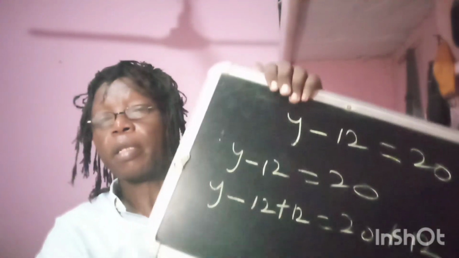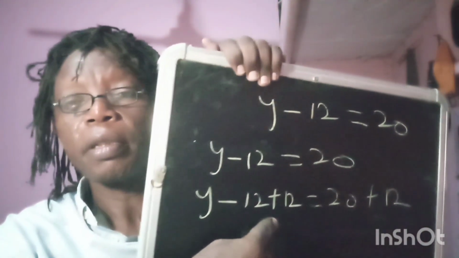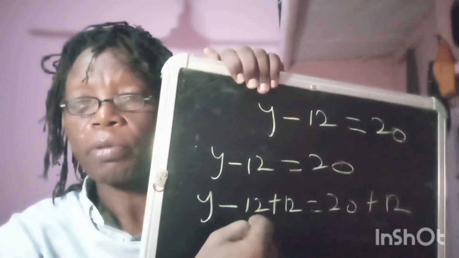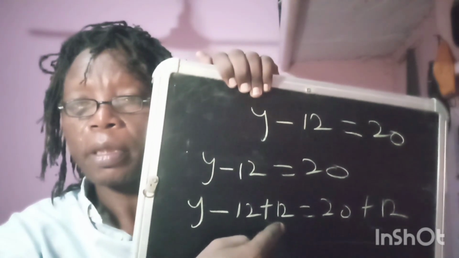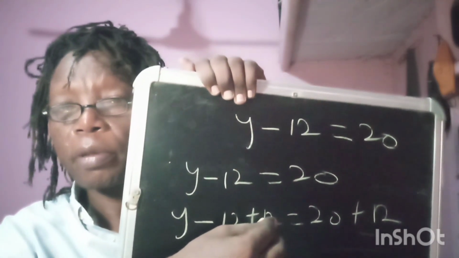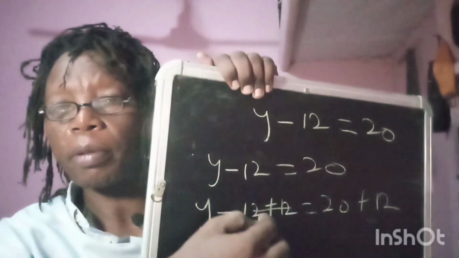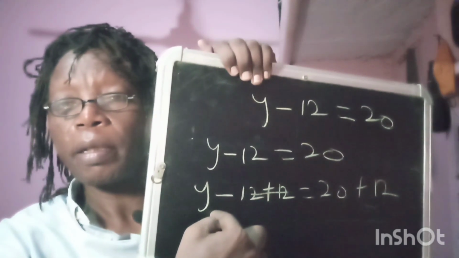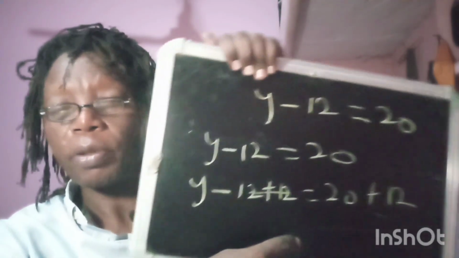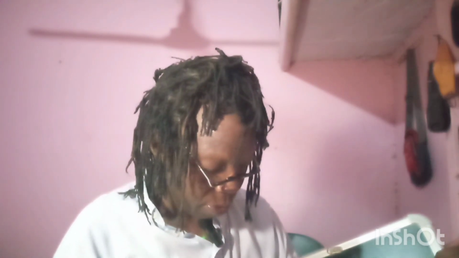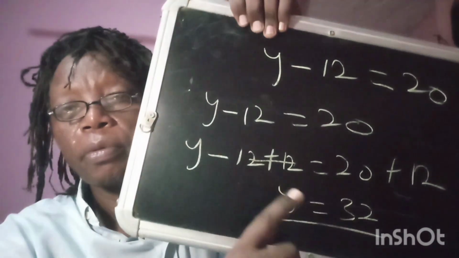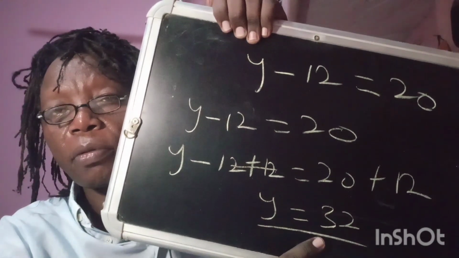It's a mistake I made, because to get rid of this value you cannot subtract, you're going to do addition. So you plus, and this will cancel out. It's going to leave you with the y. Now y is equal to 20 plus 12, which is going to give you 32.